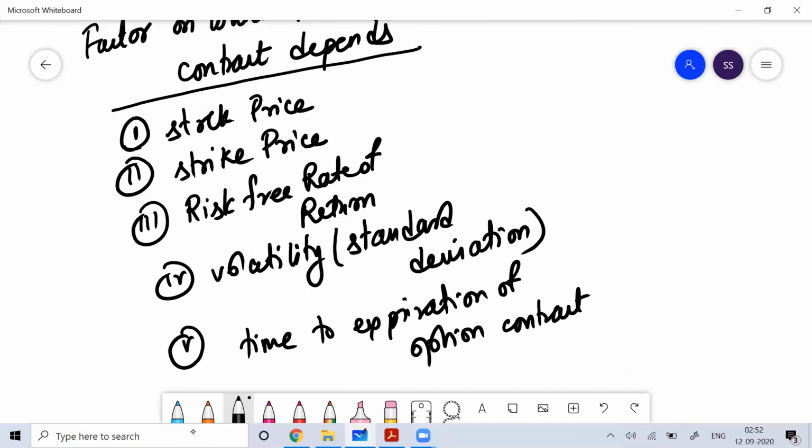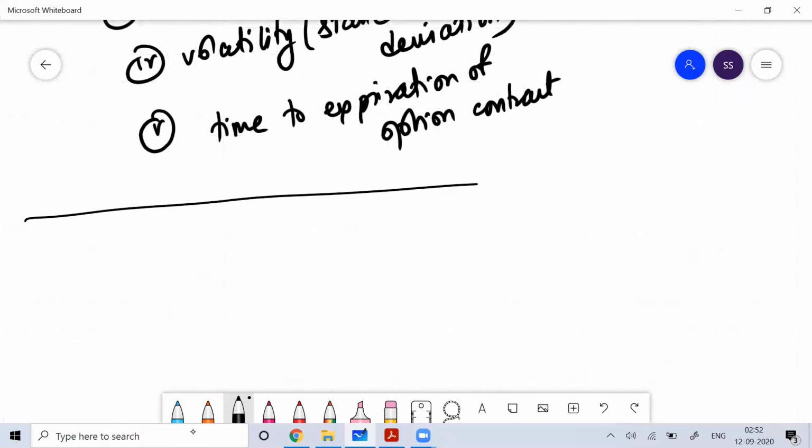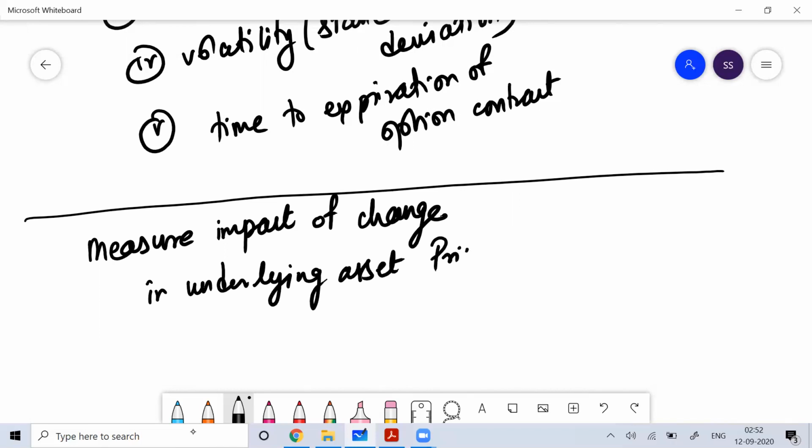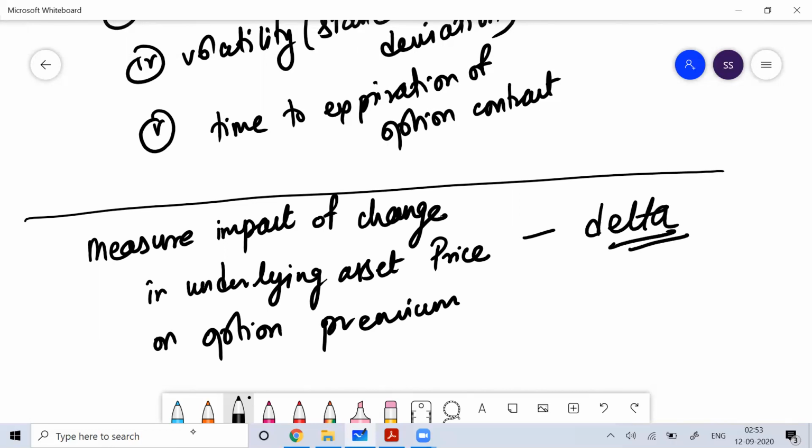If you want to measure the impact of change in the underlying asset price on the option premium, if you want to measure the relative change, then the best tool to measure that is called delta.